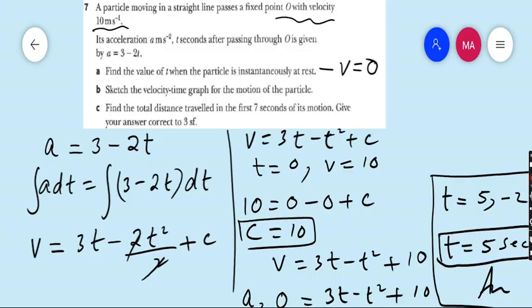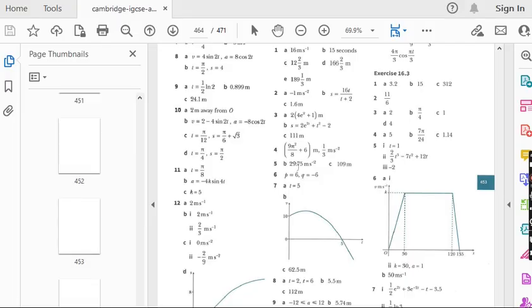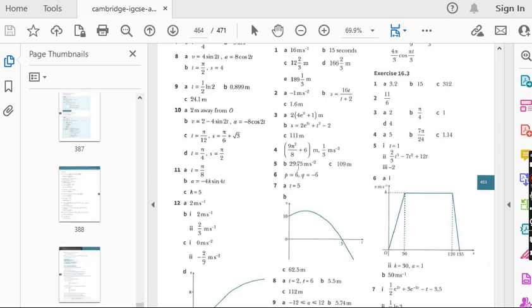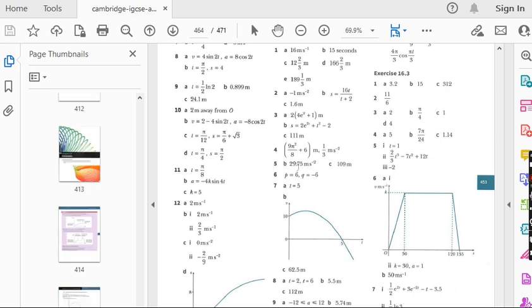And students, this is our today's class where we first did question number 5, 6 and 7. How many questions are left?